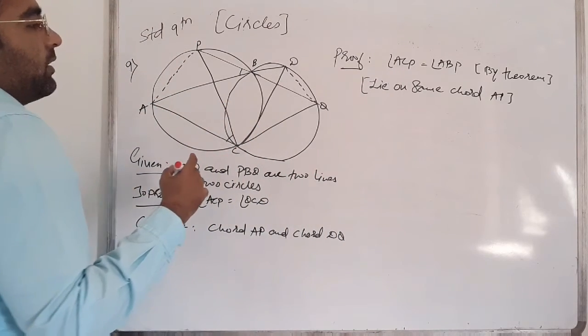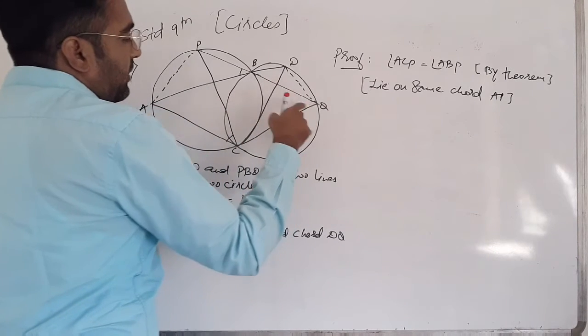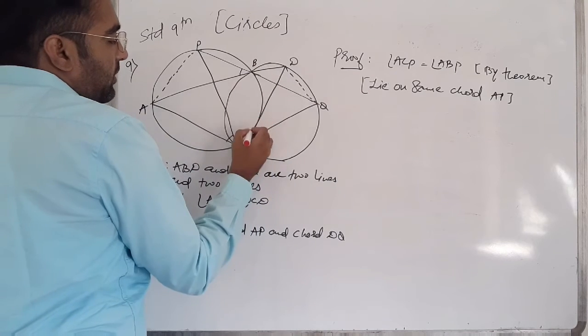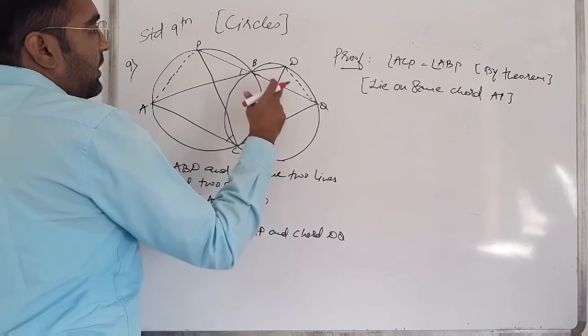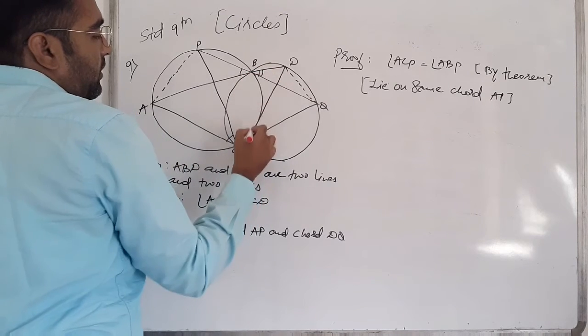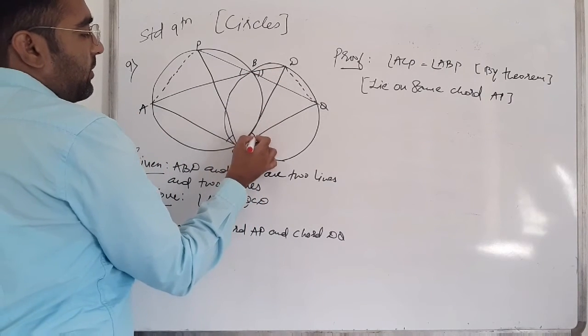Now second thing, on the same chord DQ, that is angle QCD and angle QBD, these two angles.